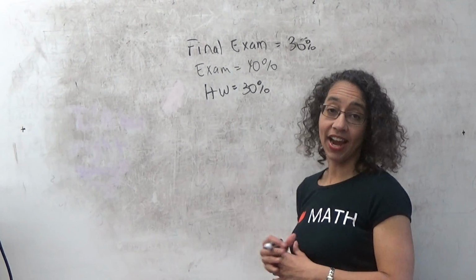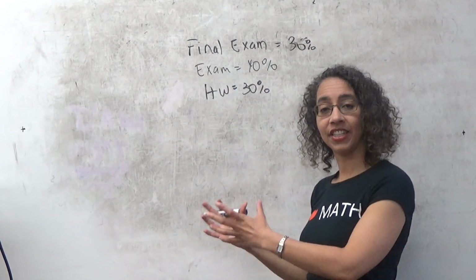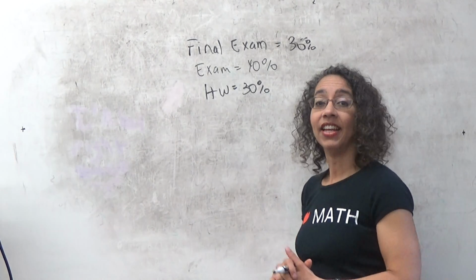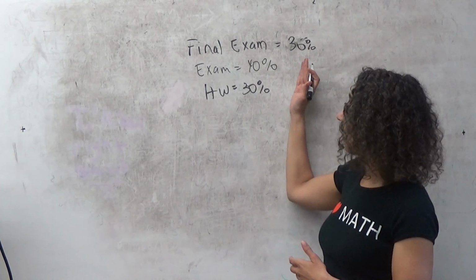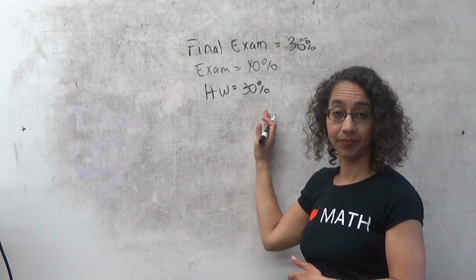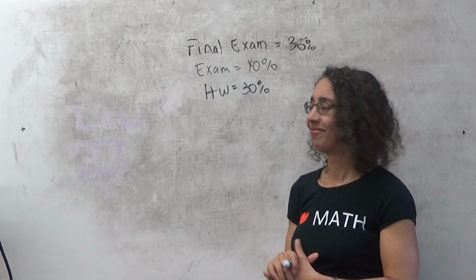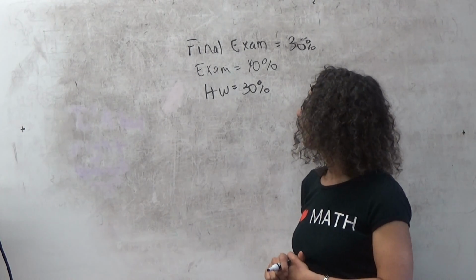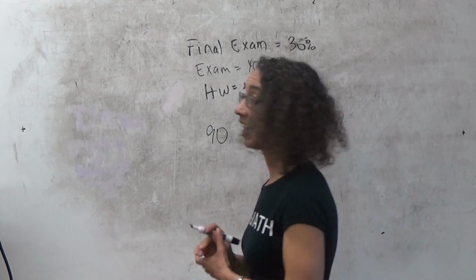When we have a weighted average, it assigns a different emphasis to different components in a data set. In this case, we have three components in our data set. One is the final exam, another is the semester exams, and the third is our homework. Let's say I'm a very studious student, and in my final exam I earn a 90.